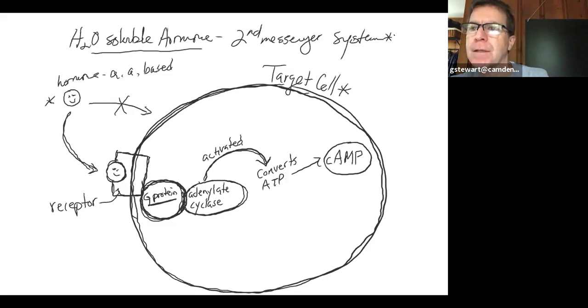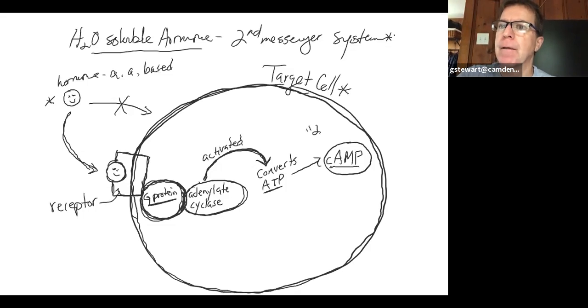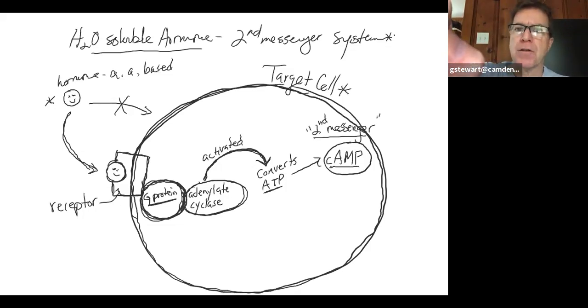Cyclic AMP just means cyclic adenosine monophosphate. And I'm not going to test you on this part, but ATP has 3 phosphates. It's called triphosphate. And this adenylate cyclase cleaves off not just the terminal phosphate, but actually 2 phosphates to make it cyclic adenosine monophosphate. What I do want you to know is that this cyclic AMP is designated as the second messenger in this system. The first messenger is actually the hormone.